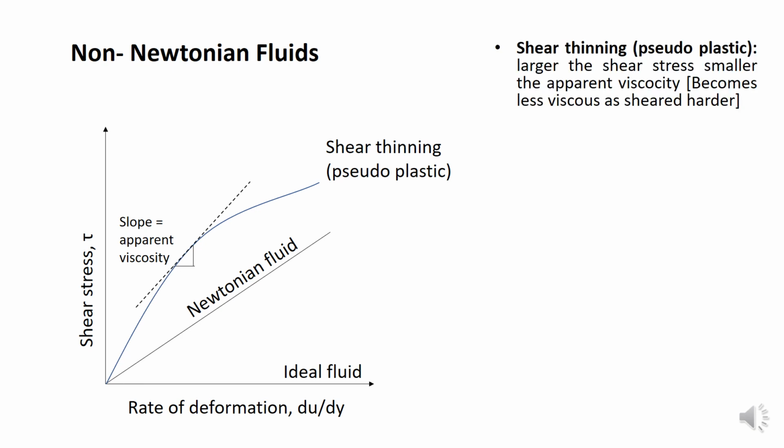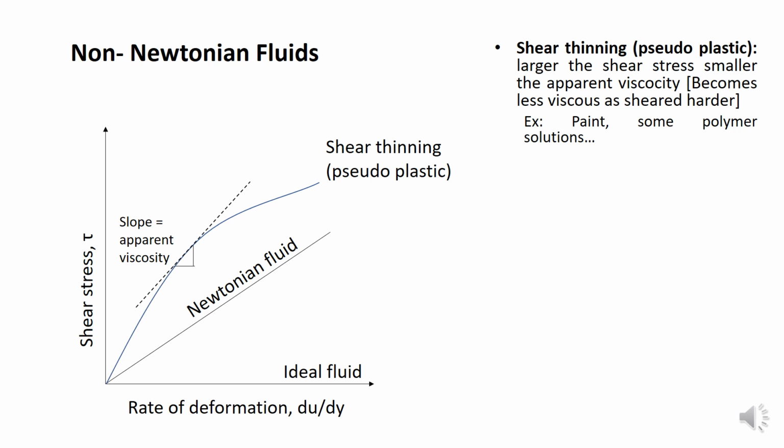Some examples of pseudoplastic: when you give a large shear stress on the body, if the shear rate is high, then the viscosity becomes smaller.